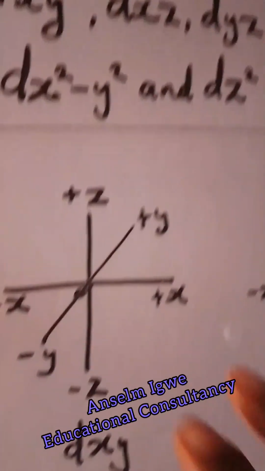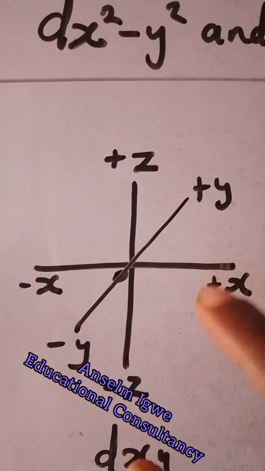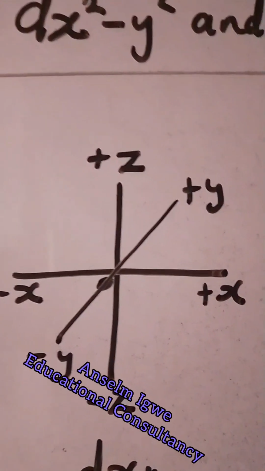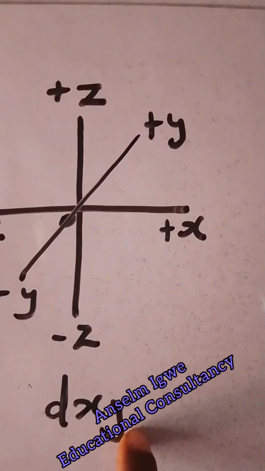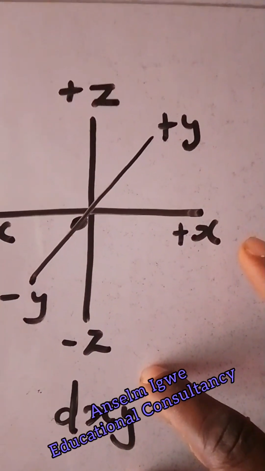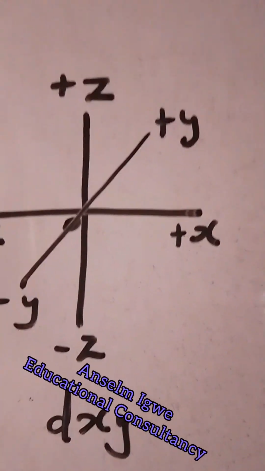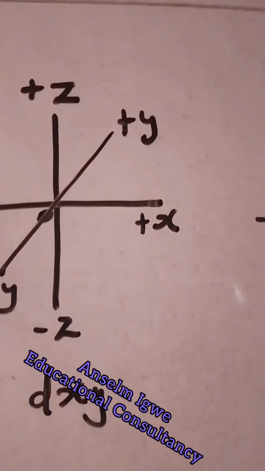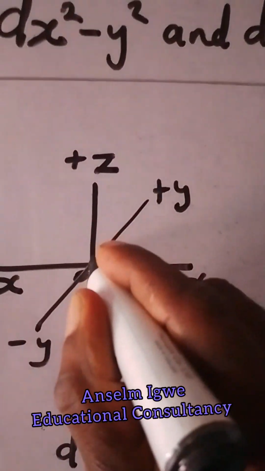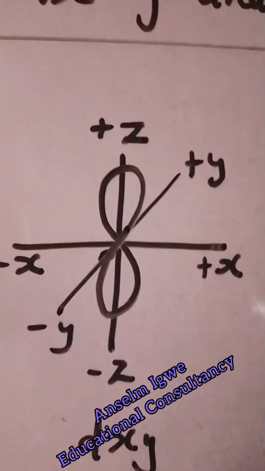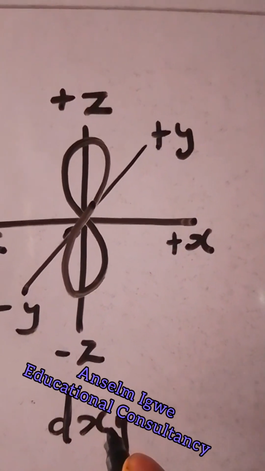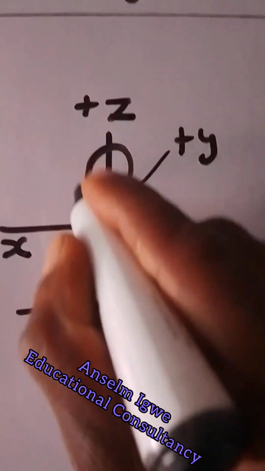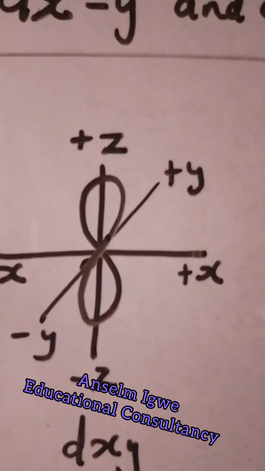Now, the question is, where do you place the 2 dumbbells? You look at these, you see x and y. There is another alphabet that is not there, and that is z. Very important. Since z is not here, you place the first dumbbell on the z-axis.